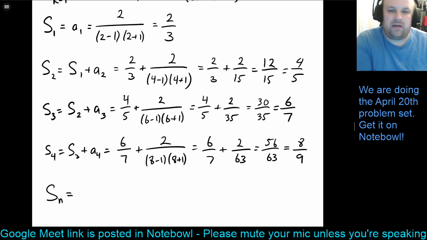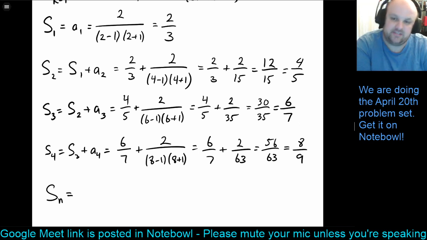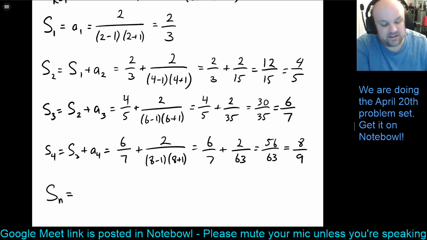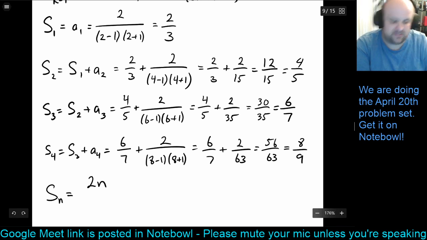Look at how our numbers are progressing here. Let's start with the numerators, for example. The numerators are 2, 4, 6, 8. In particular, they're the even numbers in order. And in fact, they're the even number that's always double this index down here. So it's probably not surprising that there should be a 2n on top.